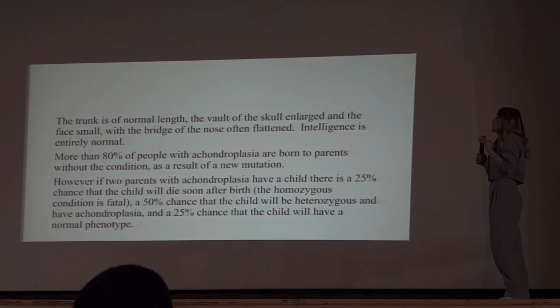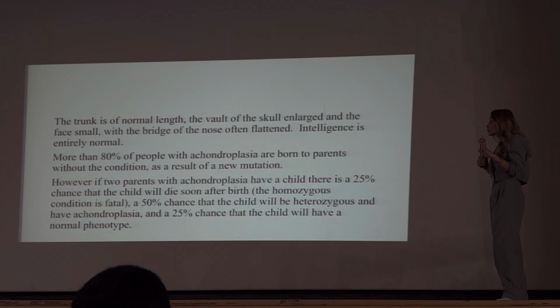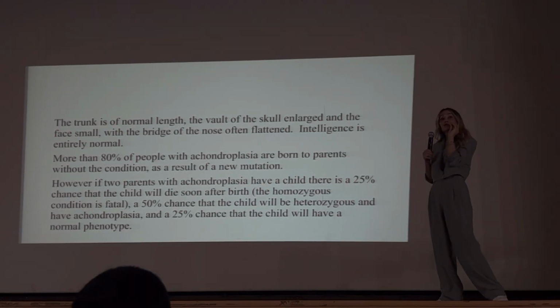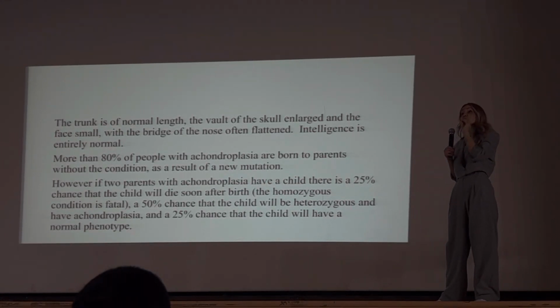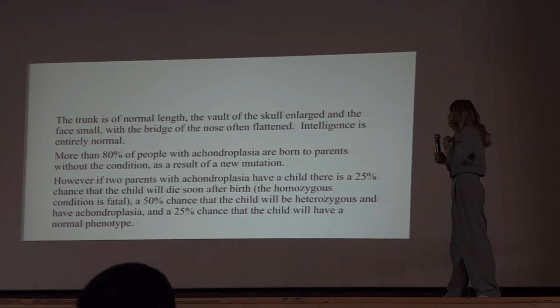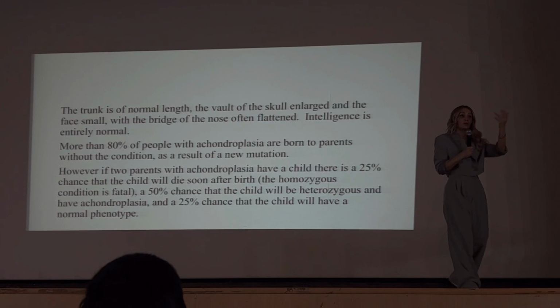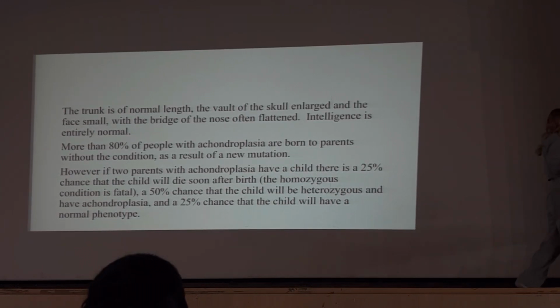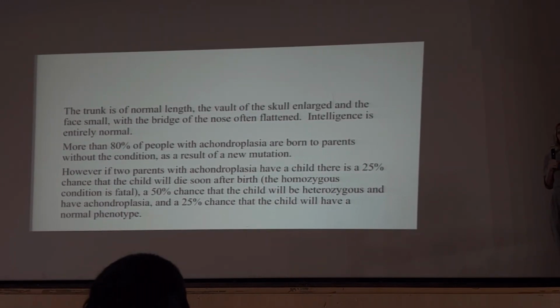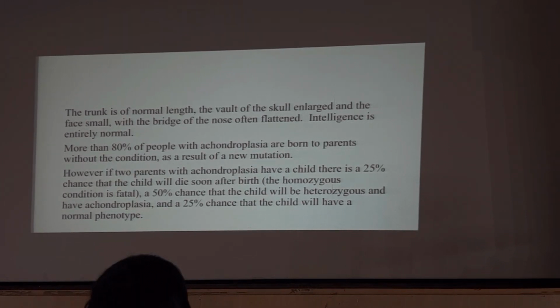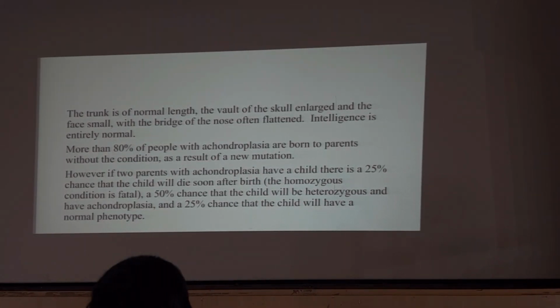More than 80% of people with achondroplasia are born due to sporadic mutation, meaning it is not familial and not transferred from the parents. So imagine a point mutation.